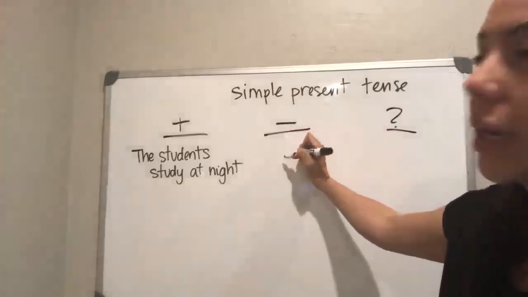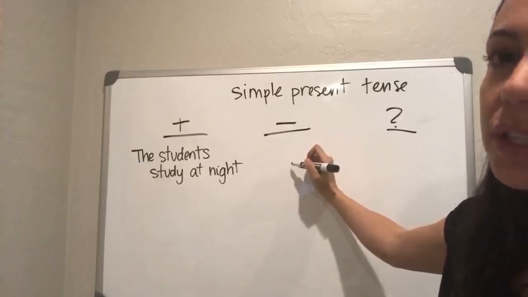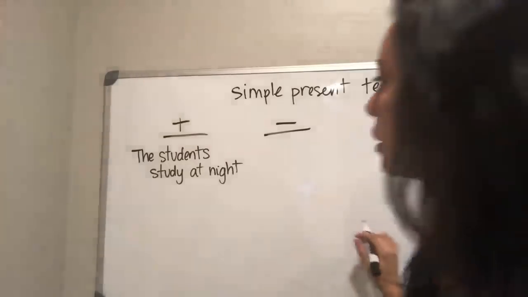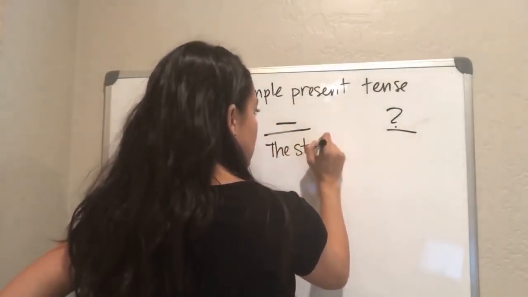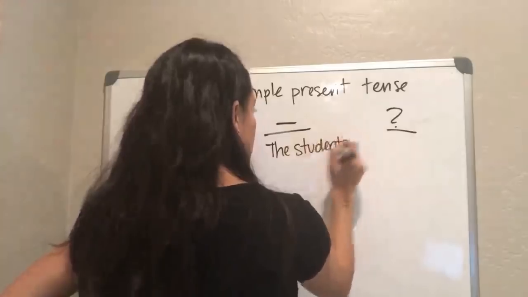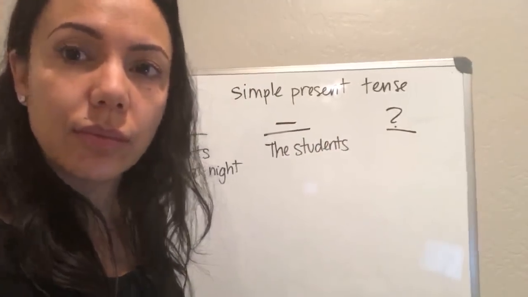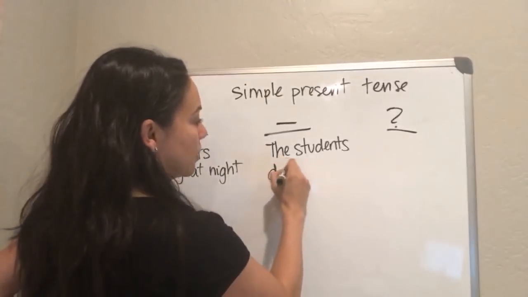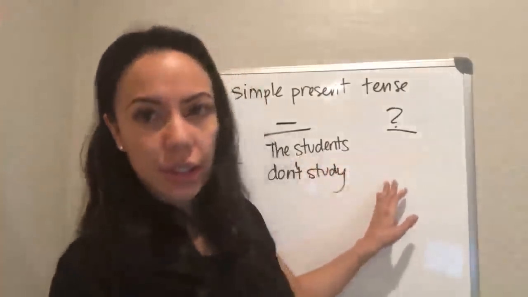How would you guys create a negative sentence? Don't study. Good. Anyone else? The students don't study. Good. Don't. How about a question?